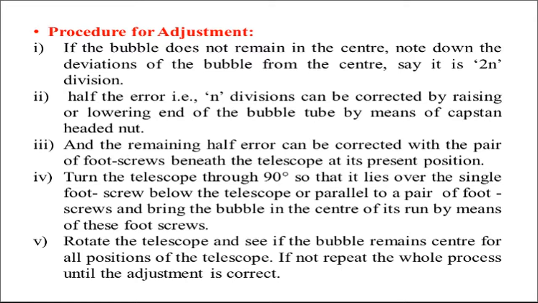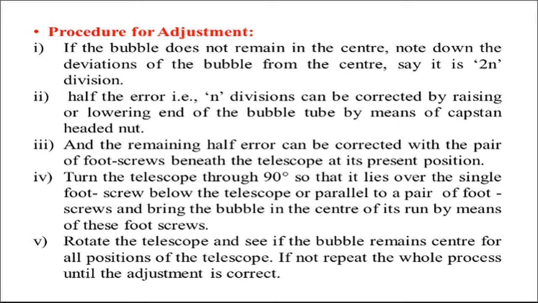We have to loosen that nut and either lower or raise the bubble tube to correct half the divisions. Third step, the remaining half of the error can be corrected with a pair of foot screws beneath the telescope at its present position. So halfway by raising or lowering the tube and halfway with the help of the foot screws.